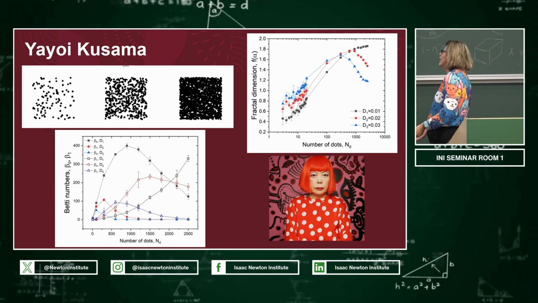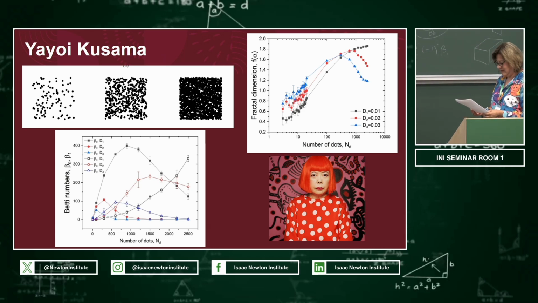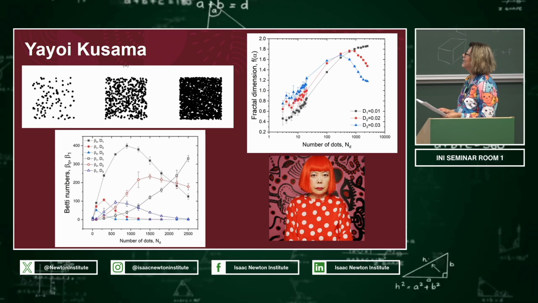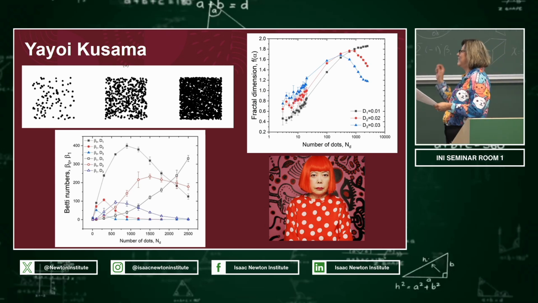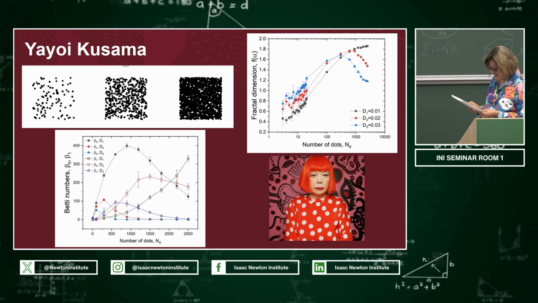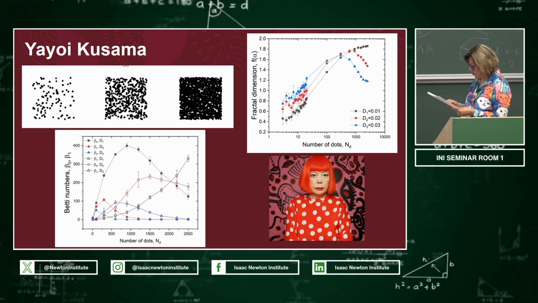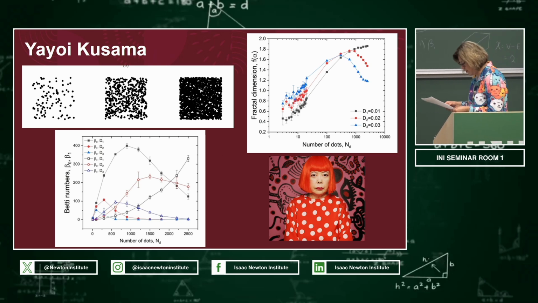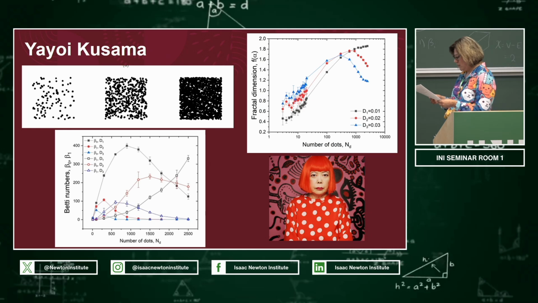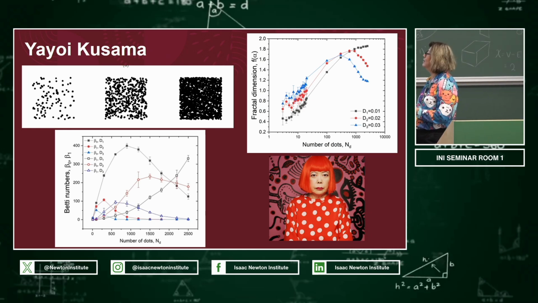Obviously, if we have a big dot, the area is going to fill up faster than if we have a tiny dot. The behavior of Betti 1 is also linear, and if the dots are small, the number of holes is higher compared to larger dot diameters.